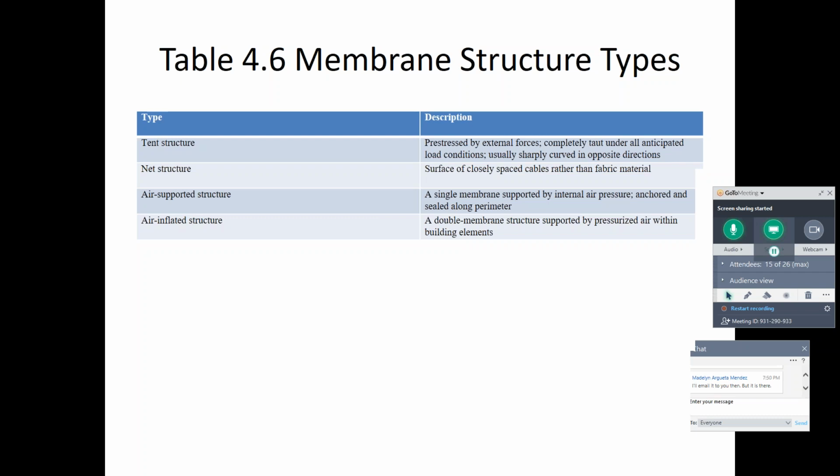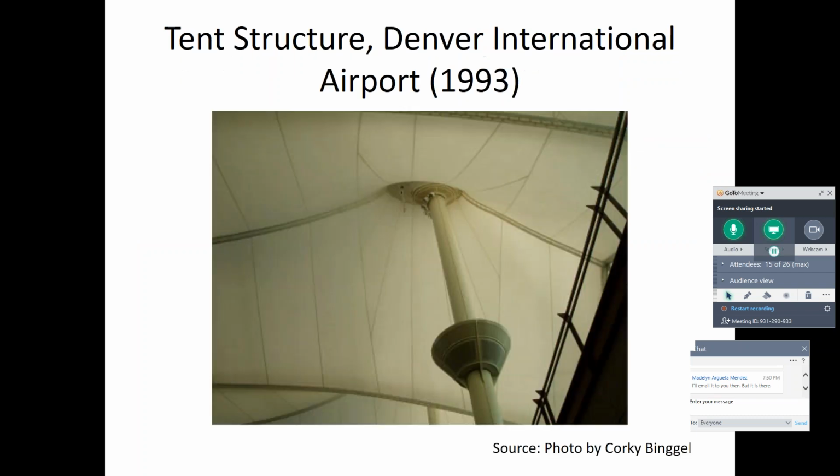And then air-supported structure, a single membrane supported by internal air pressure, anchored and sealed along the perimeter. So like when you did the parachute exercises when you were children, and then the parachute stayed up when you quickly pulled it down. Air-inflated structure, a double membrane structure supported by pressurized air within building elements. And then we just have an interior picture of a tent structure in Denver International Airport.